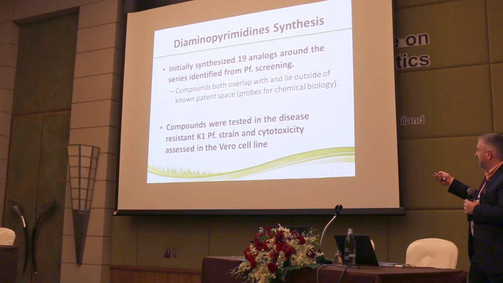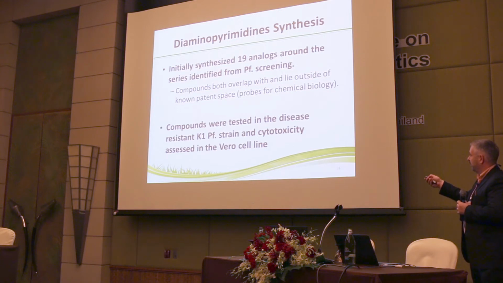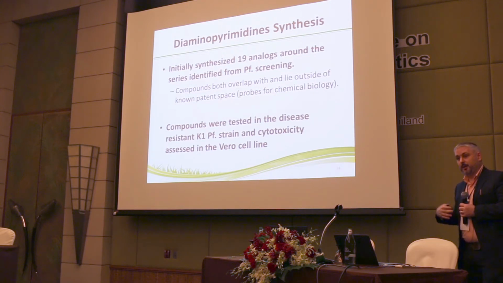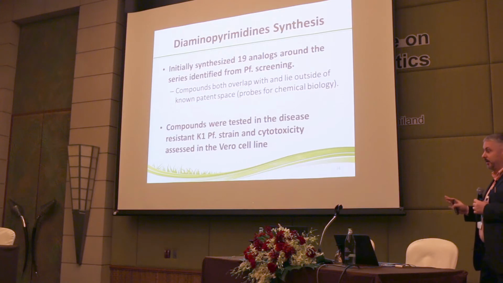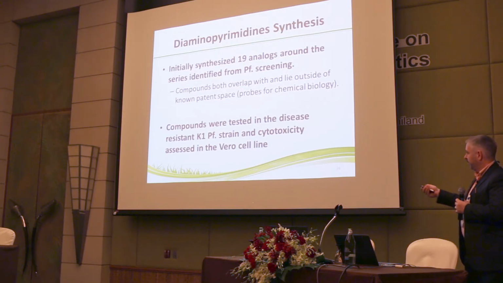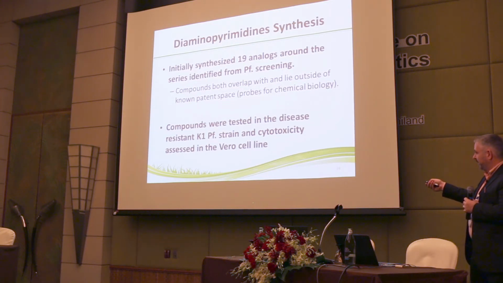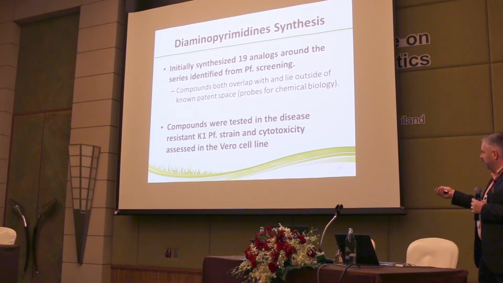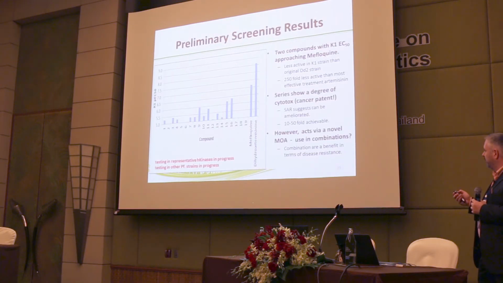So we initially synthesized 19 analogues around the series identified from screening, and some of these overlap with the patent space of the patents I've discussed, and others lie outside. We tested the compounds in a drug-resistant strain, the K1 strain that is prevalent in Southeast Asia, and we also assessed the cytotoxicity in a cell line.